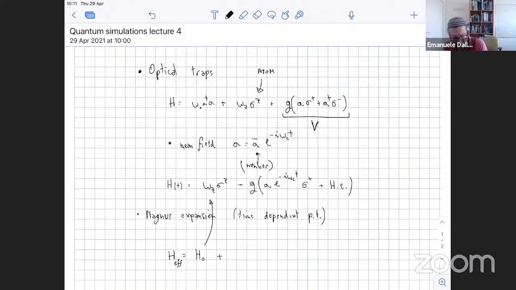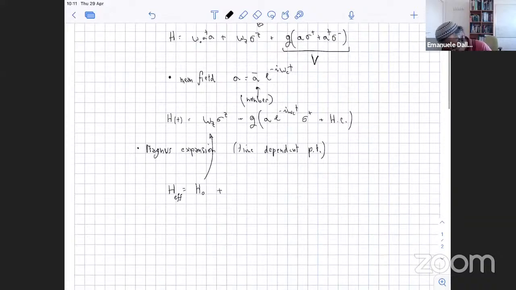And the way that we derive H effective is as a perturbative expansion of H of t. So in other words, what we are trying to do is to write, instead of having the time evolution, as you all know, the time ordering e to the minus integral of H of t dt.